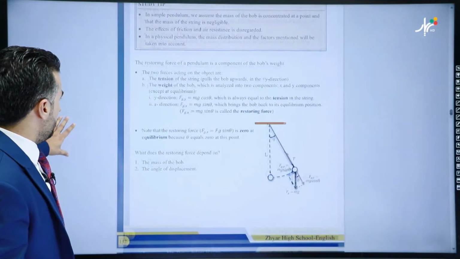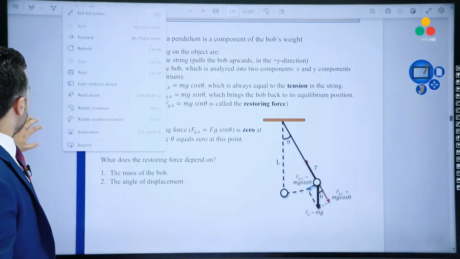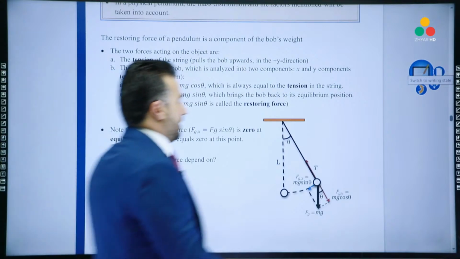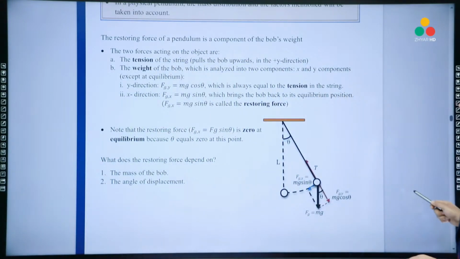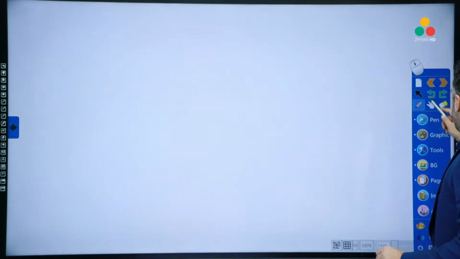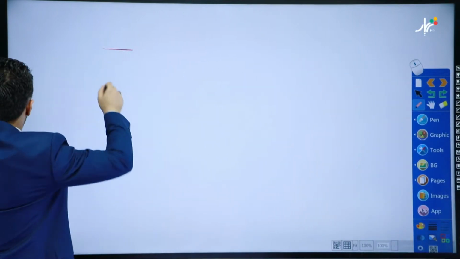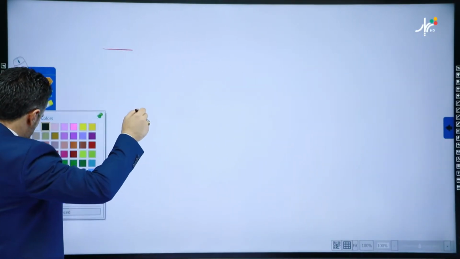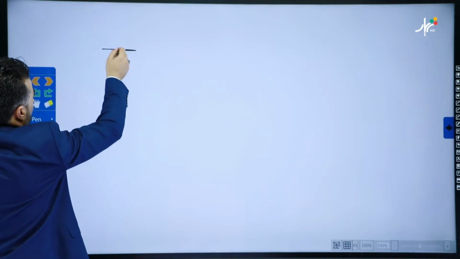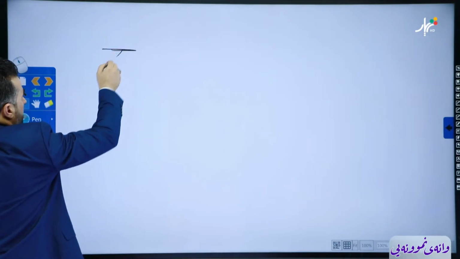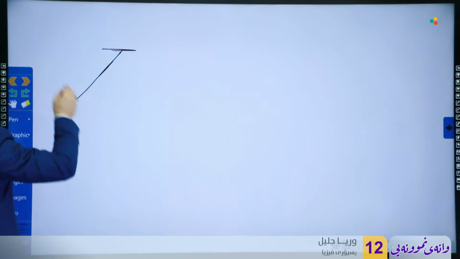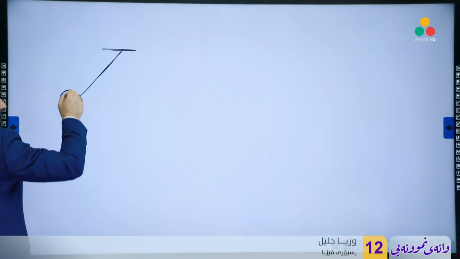All right, now let's see if we can get this. Take a look here. You do know what a pendulum is. Here's a pendulum. Let's say this is the string, and there is a mass attached to the string.